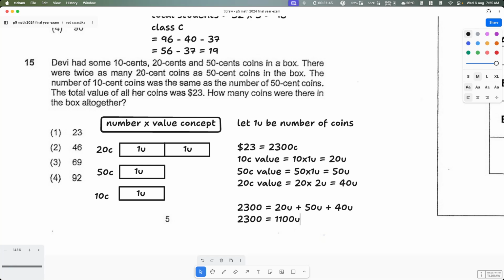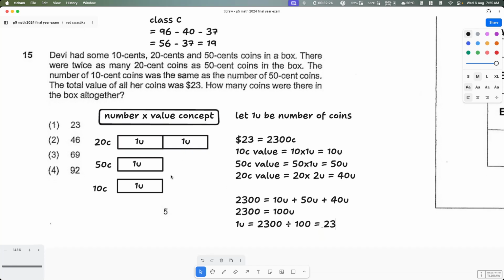Oops, I calculated wrongly in this case. This should be 10u. So 10 plus 50 plus 40 is 100, so 100u. So 1u is equal to 2300 divided by 100. This will give us 23.